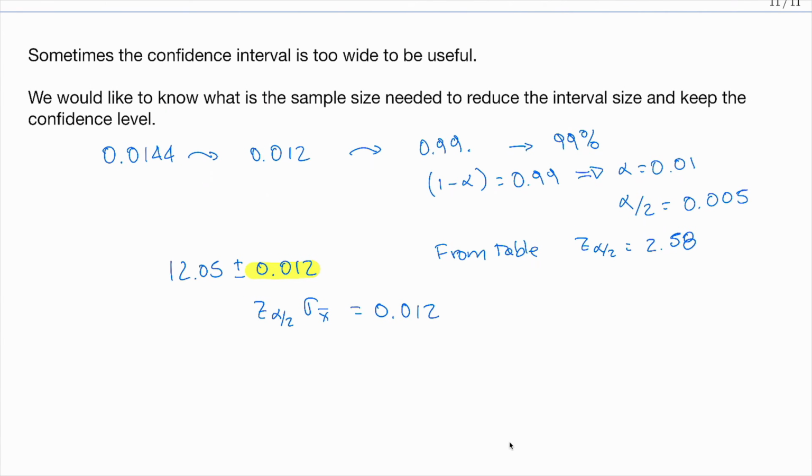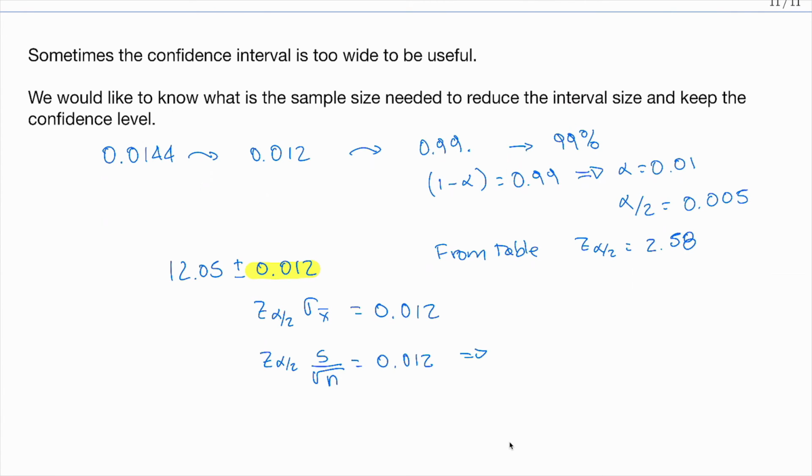And if we expand the standard deviation of the sample mean, we have z of alpha over 2 multiplied by s, the standard deviation of the sample, over the square root of the sample size, and that's where the sample size is coming in, and this is equal to 0.012.